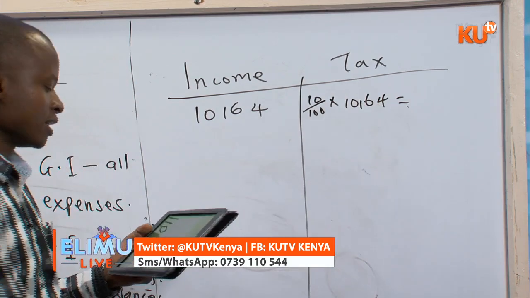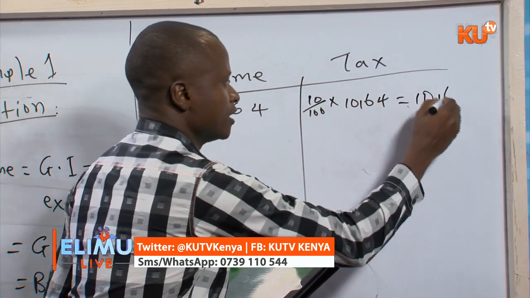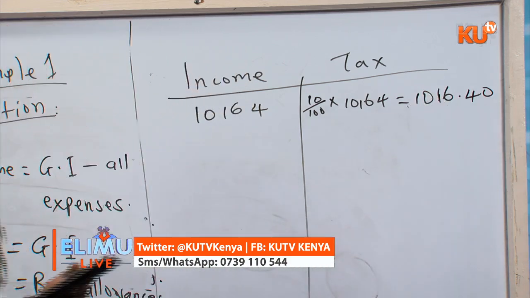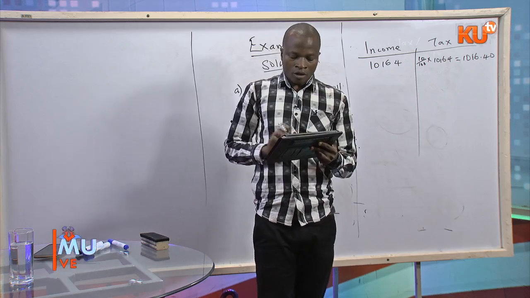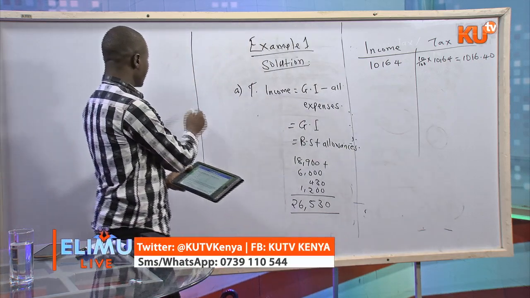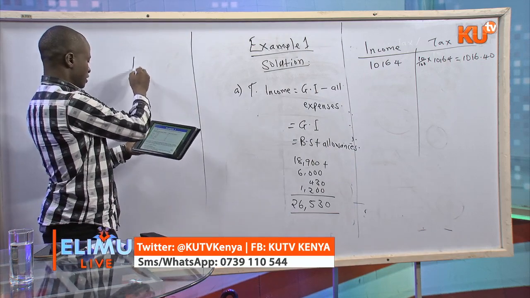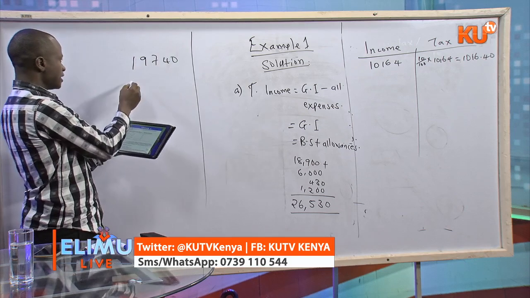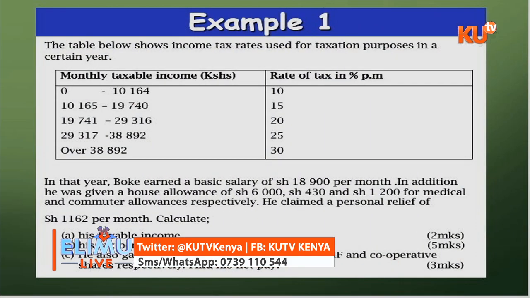So we take 10 over 100 times 10,164. That should give us what? 1,016.40, because this is currency. Don't say 0.40. Then the next one, you take the difference between 19,740 and 10,164. You subtract these two. You take the upper limits of each band.